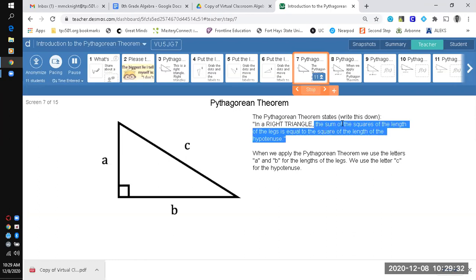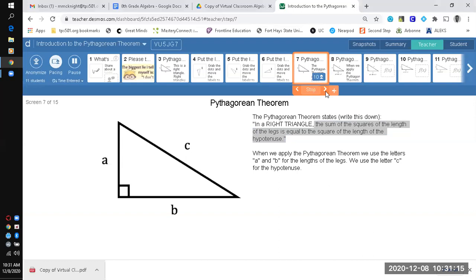This right here is in words. I want you to send me your responses as to how you would write this as an equation. How would you write this?